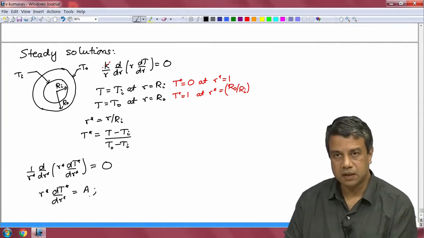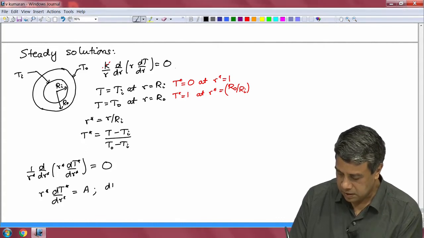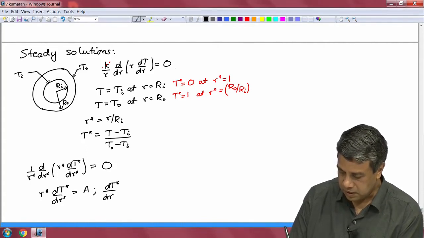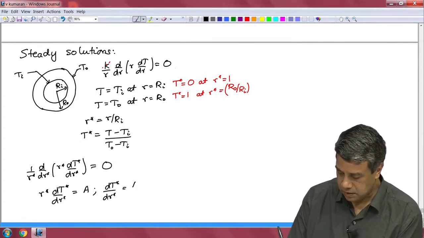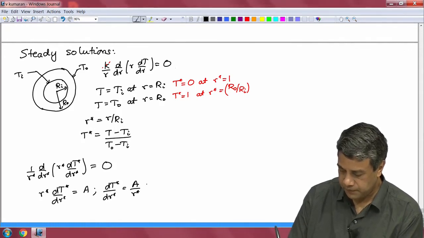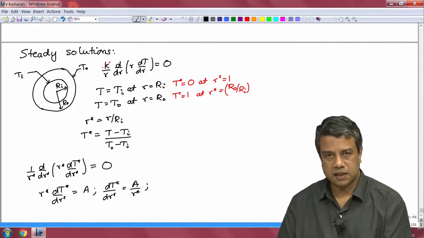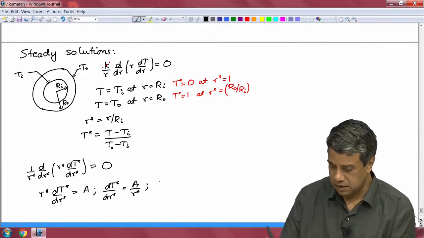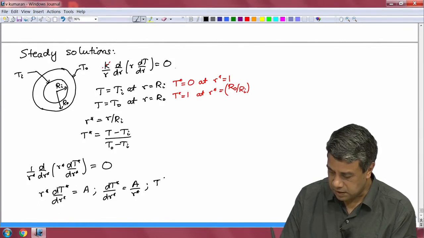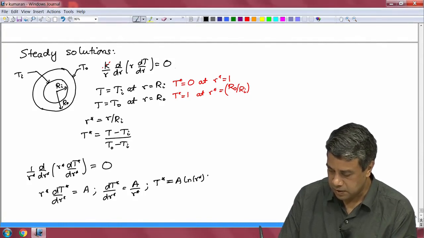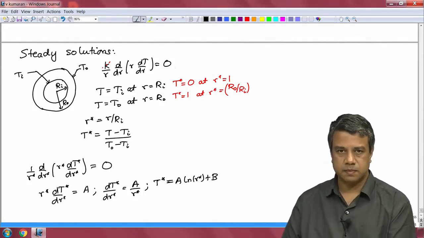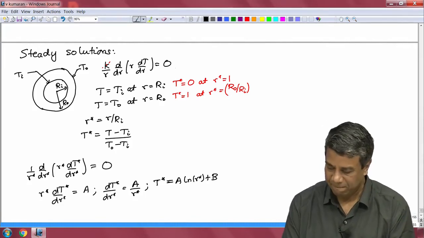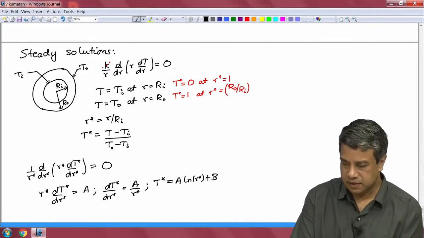Divide throughout by r and you will get dT by dr is equal to a by r, where a is the integration constant for the first integration. Integrate it a second time and I will get T star is equal to a times the natural log of r plus the second integration constant b. That is the equation for the temperature field.